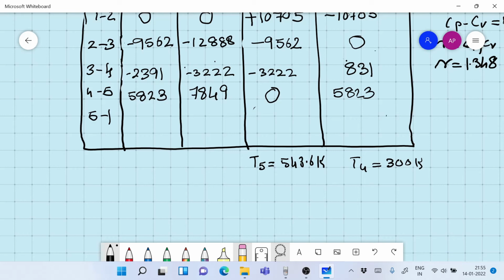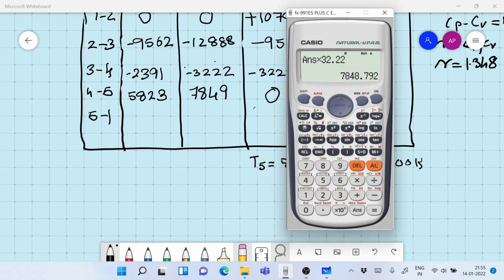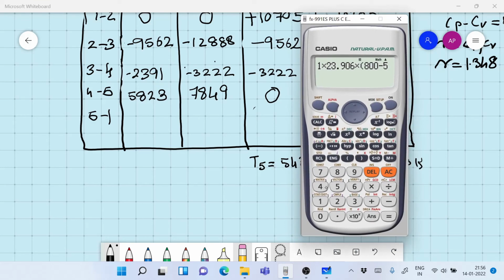Now let's go to the final process, and the final process is we have T1 is equal to 800 Kelvin. Now this is a constant pressure process, so let's do the calculations. 1 into 23.906 into the final temperature, which is 800, minus the initial temperature, which is 500, not 5,000, 543.6.